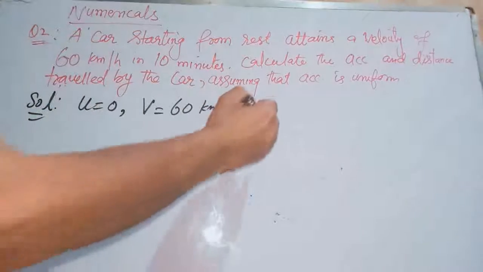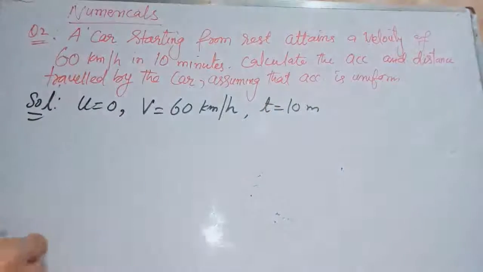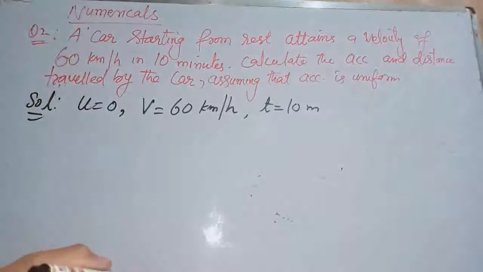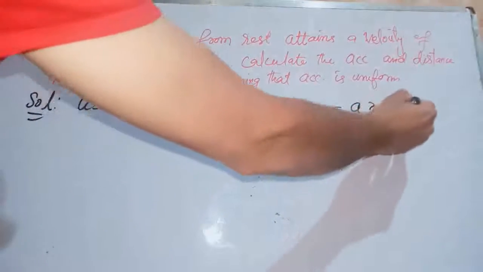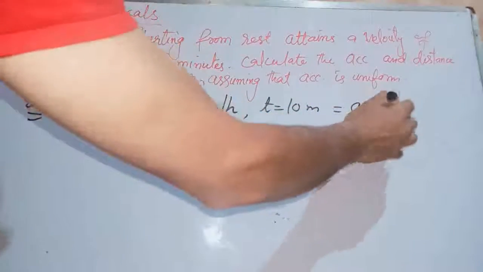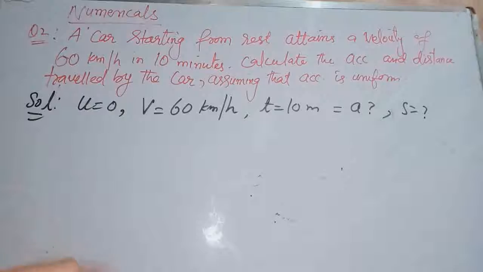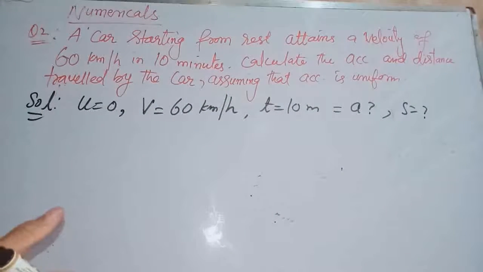This means that t is equal to 10 minutes. We have to calculate the acceleration and distance traveled by the car. Firstly, we will find the acceleration, then we will find the distance also.